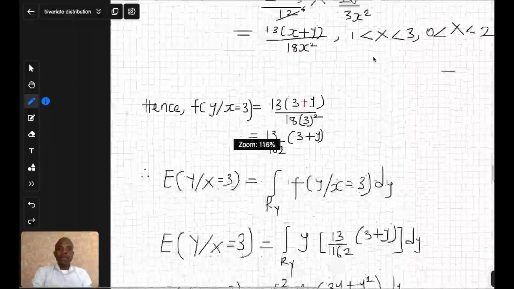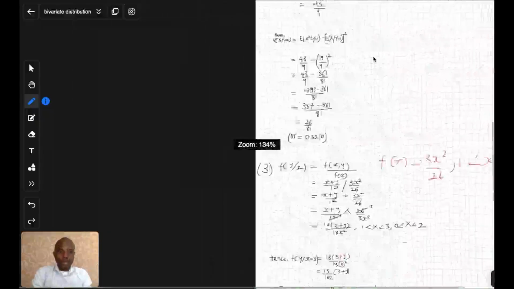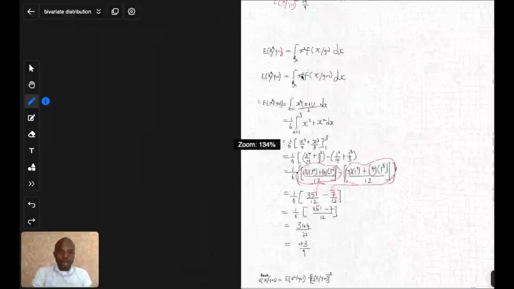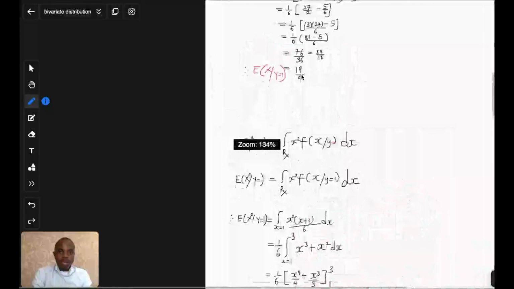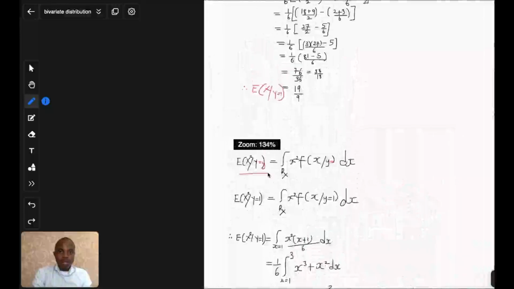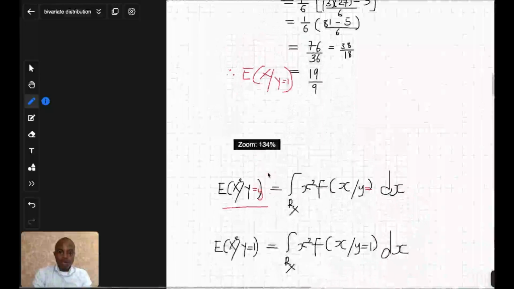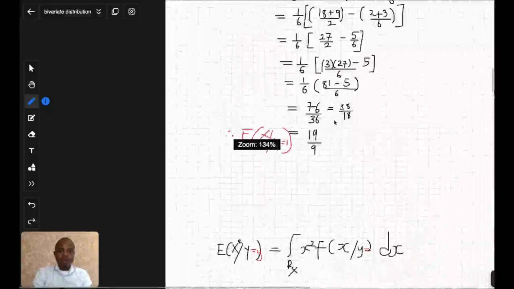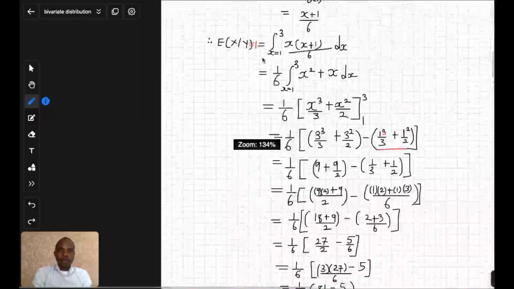Now, in case you want to verify that, it's the same thing when you're looking at the expected value of x squared, or rather it's similar. You integrate over the range of x here, don't forget that.